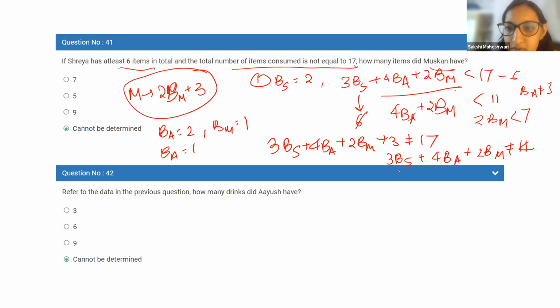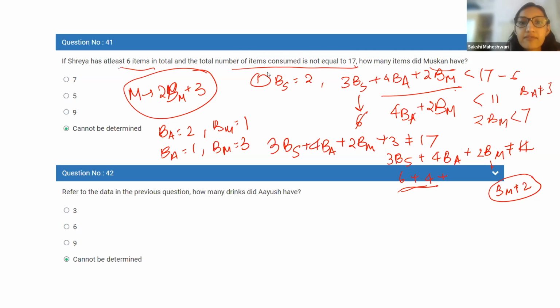BS is already 2, so this is 6 plus 4 into 1, and you can see that this is 10, and if I take BM as 2, this will become 14. So I cannot take BM as 2 here, right? So I have the option of taking BM equal to 3. You're getting it, right? 2 we cannot take, right?